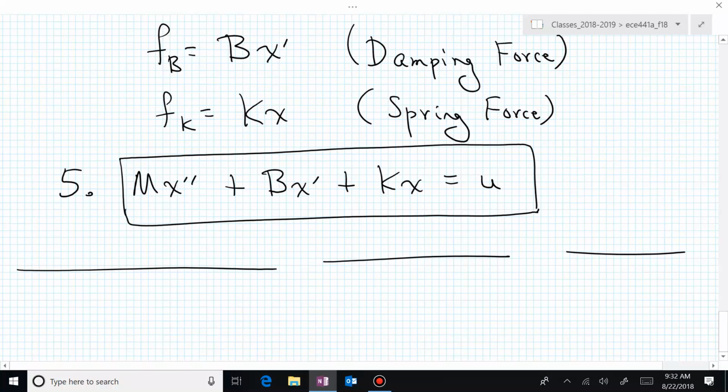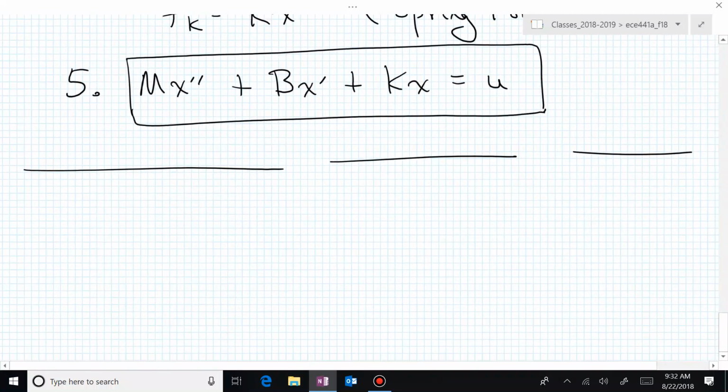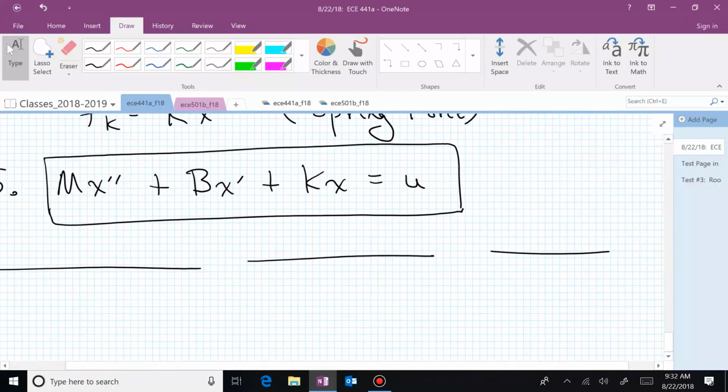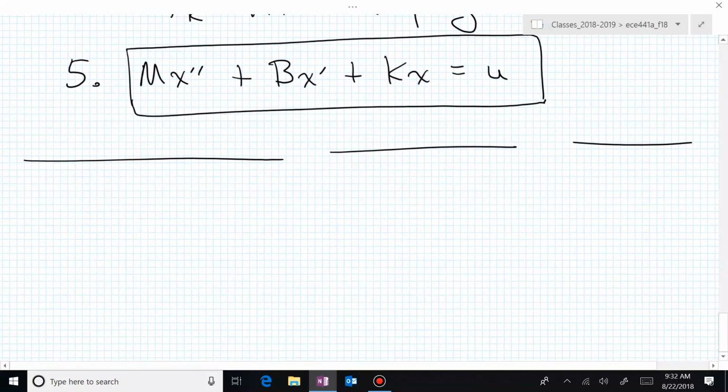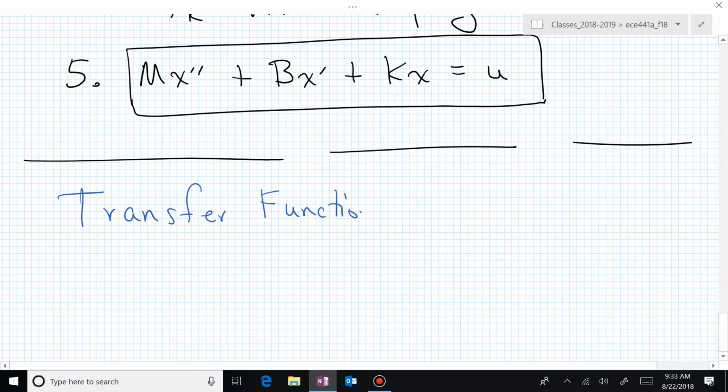That's in the time domain. What happens now if we wanted to do this in the frequency domain? What if somebody wanted the transfer function of that mass spring damper system? I want to do this in blue for some reason. This transfer function is trying to describe the dynamic behavior of that system.